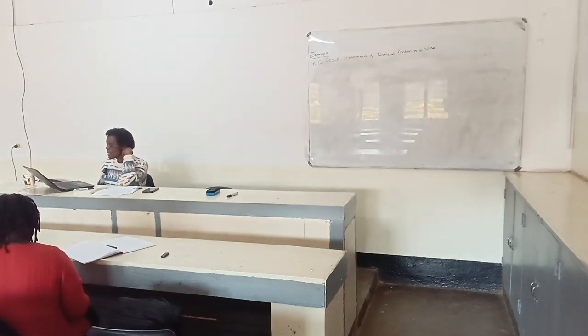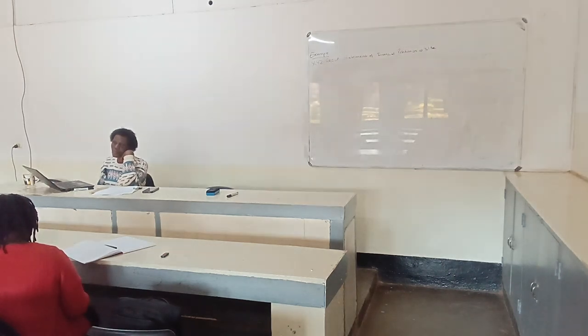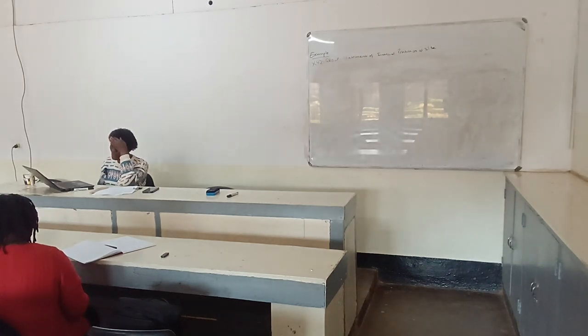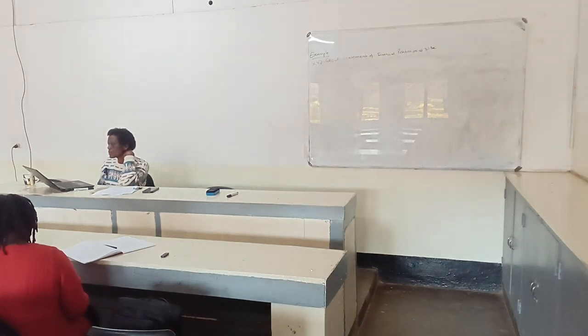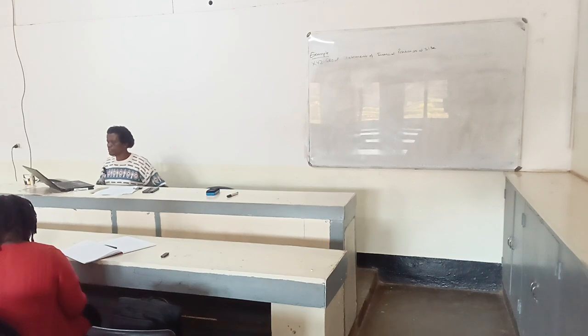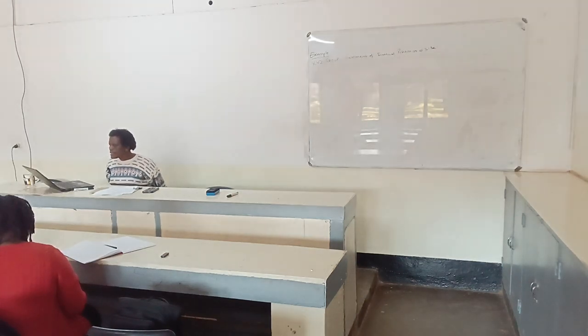We want to add some to the forum so that we can also have a look. So for those online, please go to the book that is on the forum, the ACA F7, page 38. That's where our example will be on the presentation of financial statements, page 38.